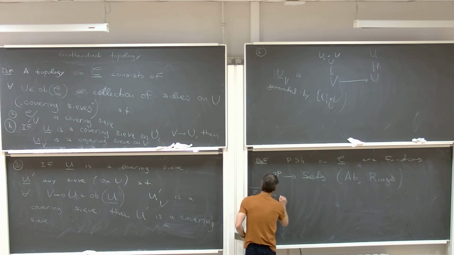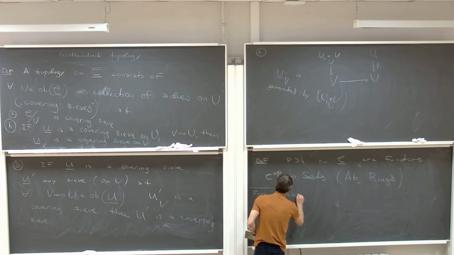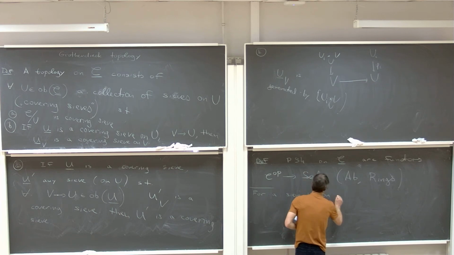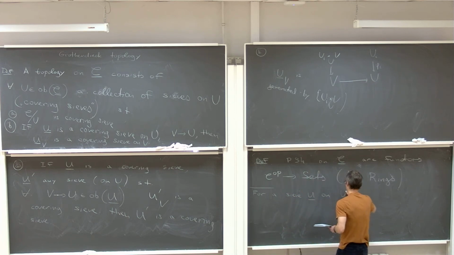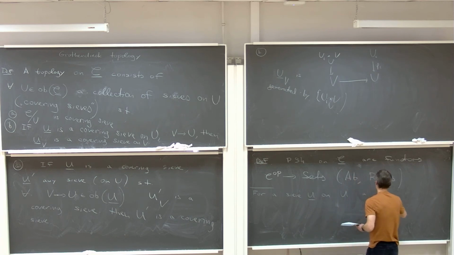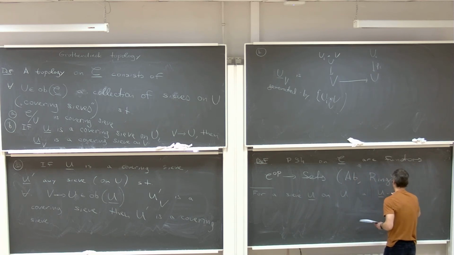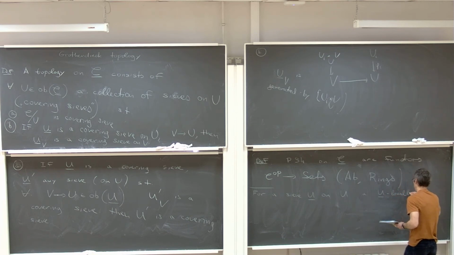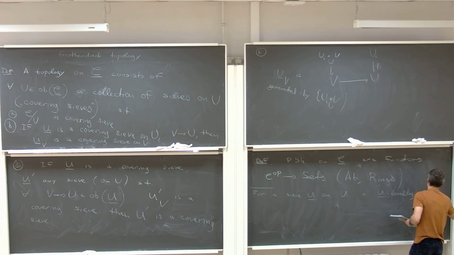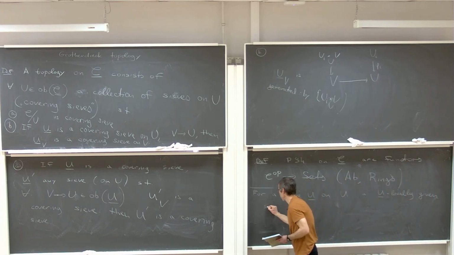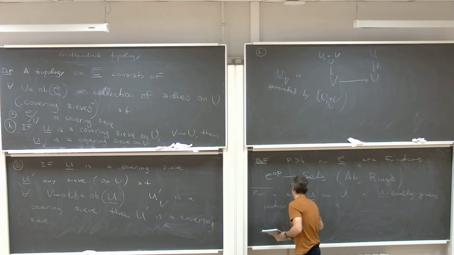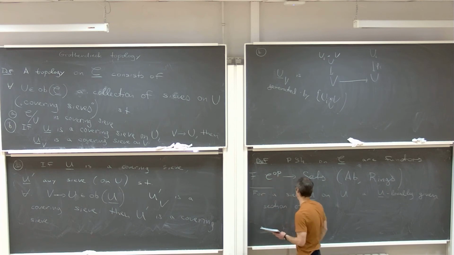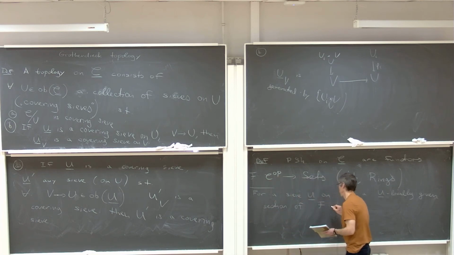For a presheaf on U, a locally given section of a presheaf over a sieve is the following.